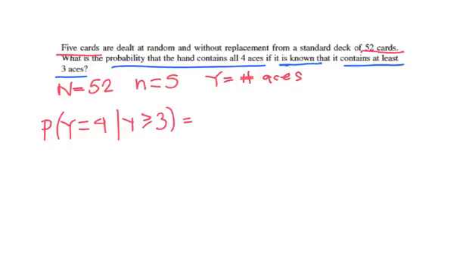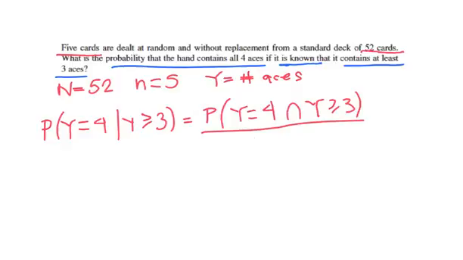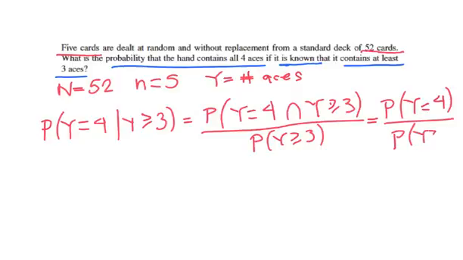So if you remember the definition for conditional, in the numerator you have the intersection, and in the denominator you have the probability of what it's given. So if you want Y equals 4 and Y greater or equal than 3, actually the only possible way to get both is with Y equals 4. And you have here Y greater or equal than 3.